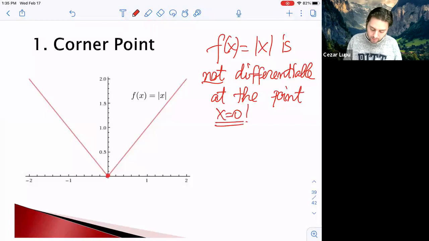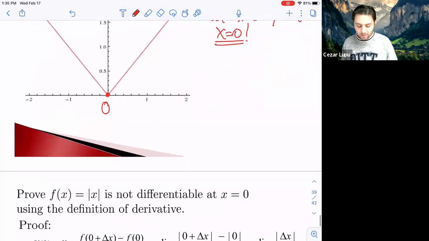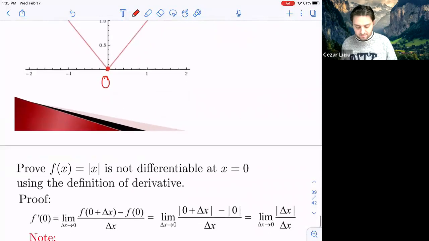This corner point is not differentiable. Why is that? If we take the left-hand limit and the right-hand limit of the difference quotient, you will see that they do not agree. Let's prove this.